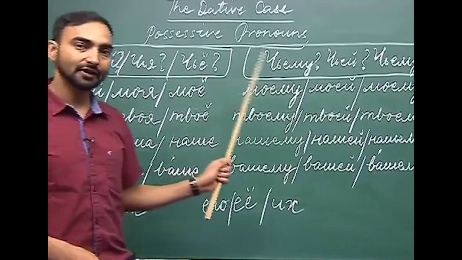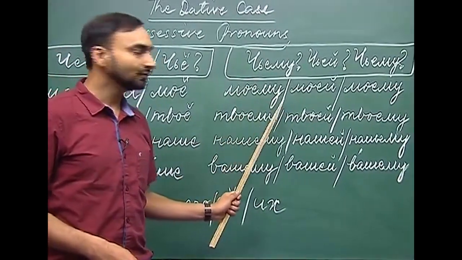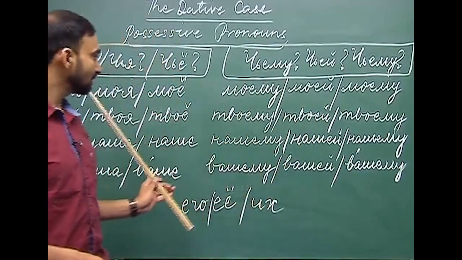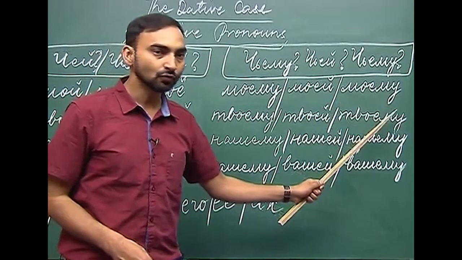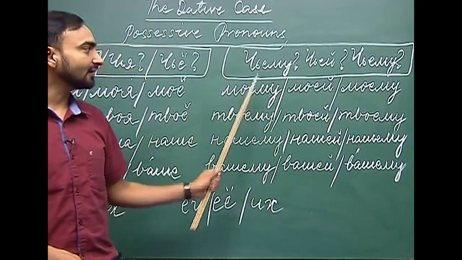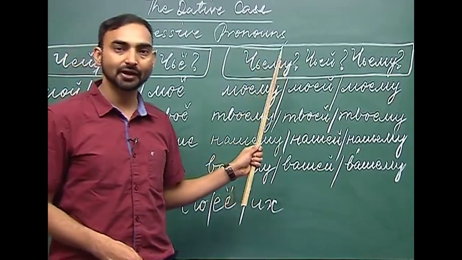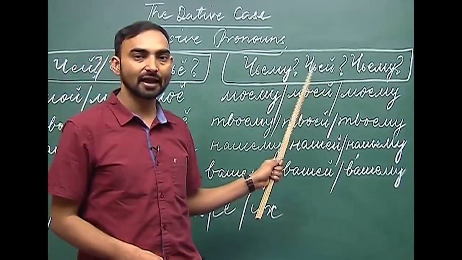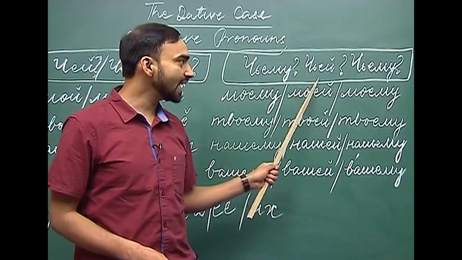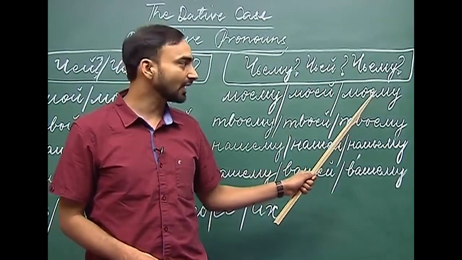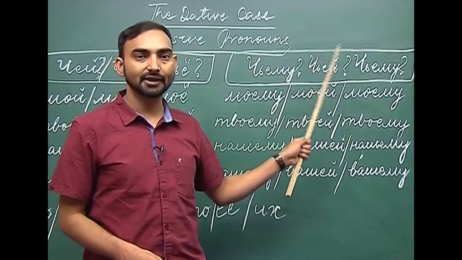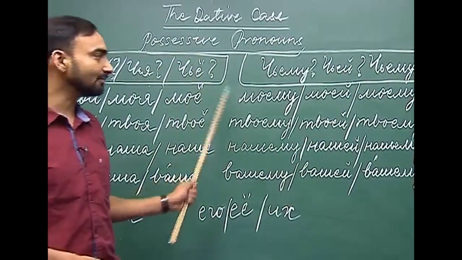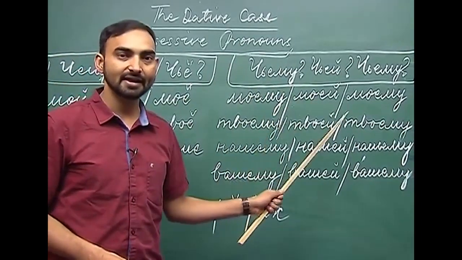Moi when used in the dative case becomes maimu; maya, mayei; mayo, maimu. So, maimu will answer questions having the interrogative word chimu, mayei will answer questions having the interrogative word chiei, and maimu again will answer questions with the interrogative word chimu. So, moi, maya, mayo will become maimu, mayei and maimu.